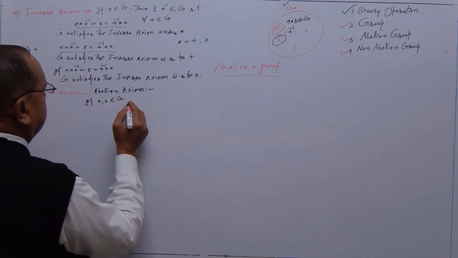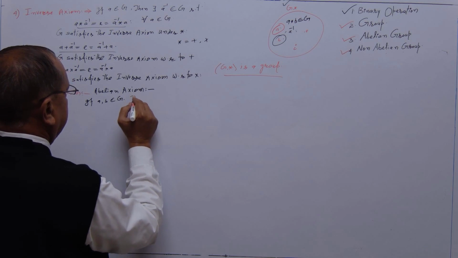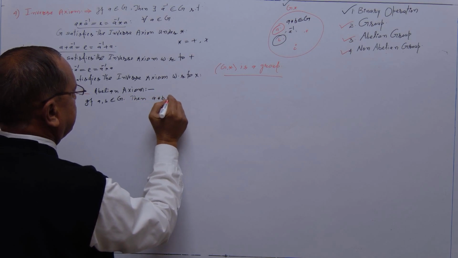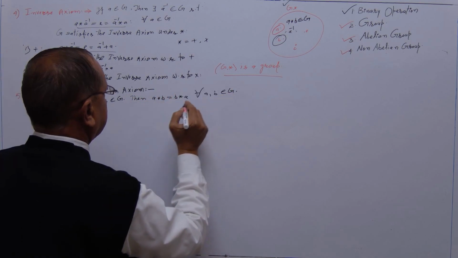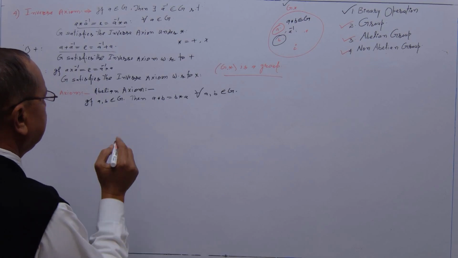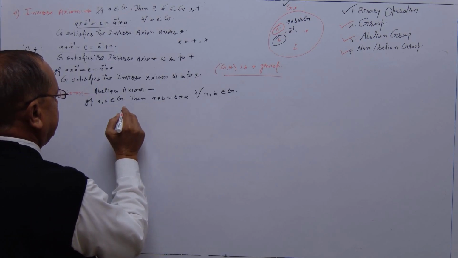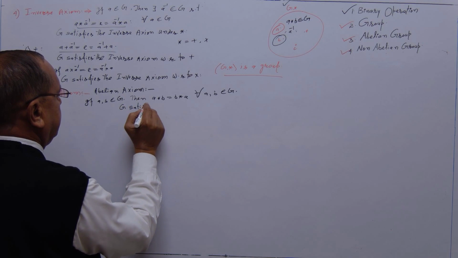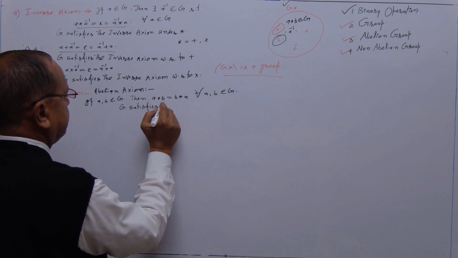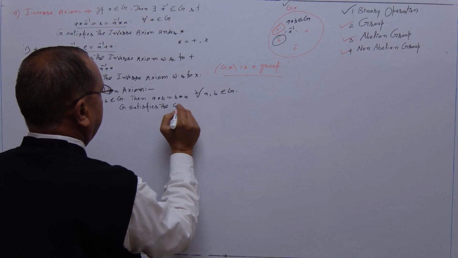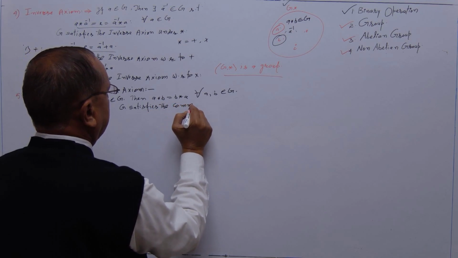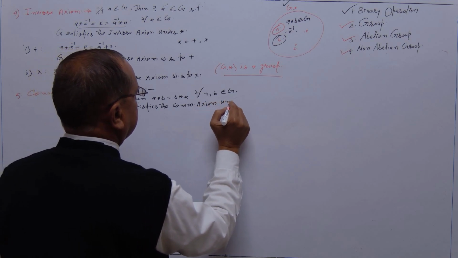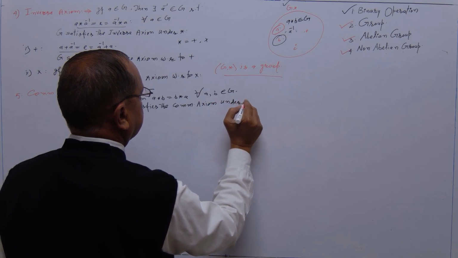If A, B belong to G, then A star B must be equal to B star A. Then G satisfies the commutative axiom under star, with respect to the star operation.